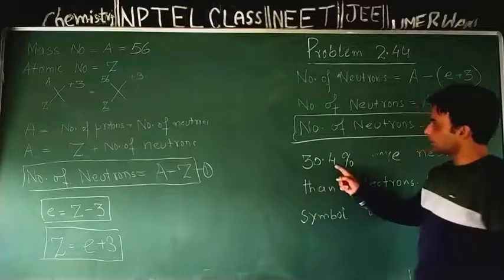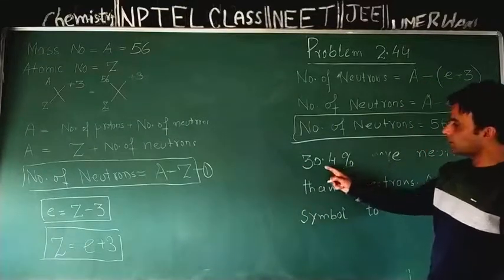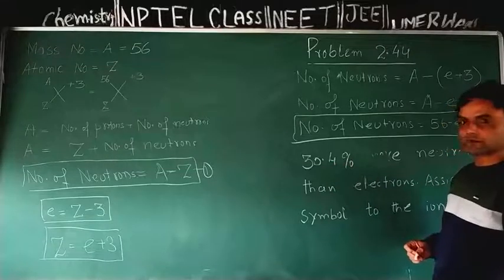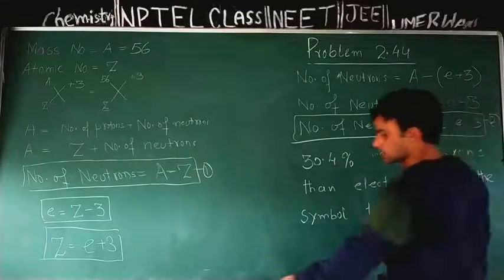Now question says for this ion number of neutrons is 30.4% greater than number of electrons.